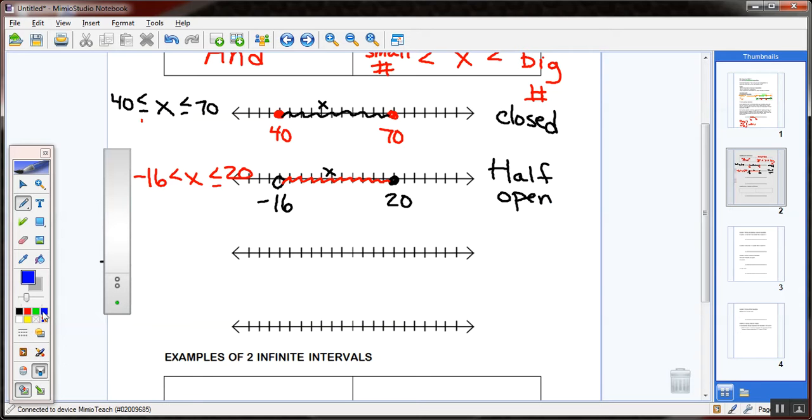All right, I'm going to have you guys try these two on your own, so I'm going to put some values up here. Oops, let's back up. No, shade that first dot in.